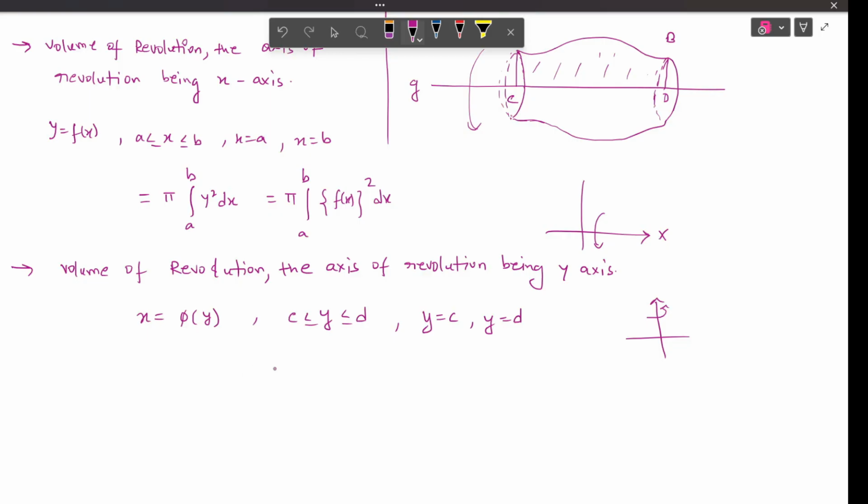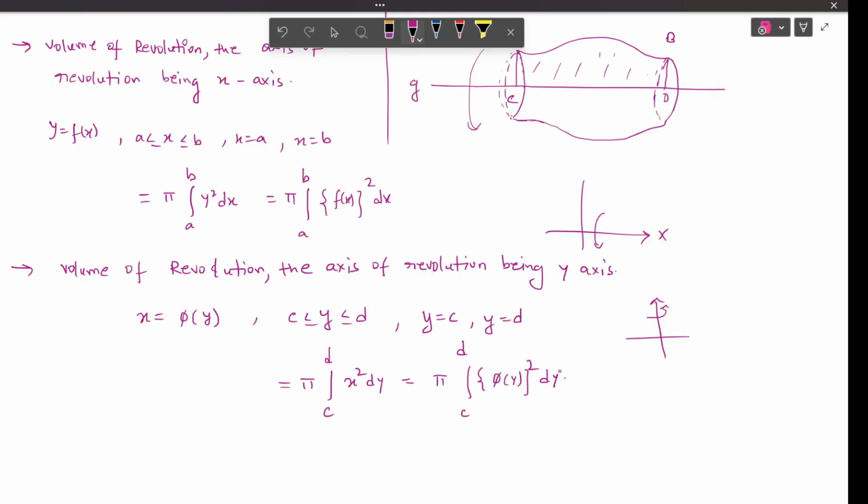Then the volume of revolution would be pi integration c to d x square dy. So this is pi integration c to d, and x is phi of y. So this will be phi of y square dy.